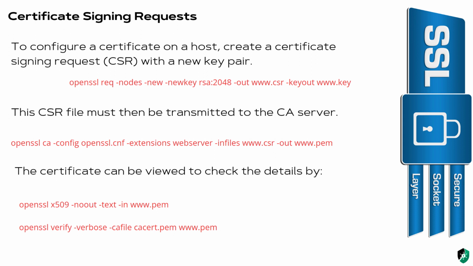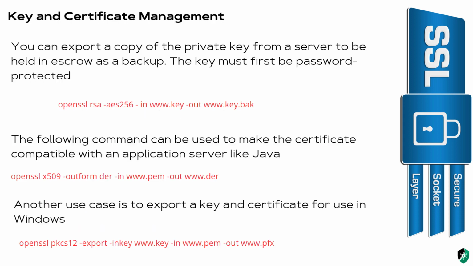Now, once this is done, the file must then be transmitted to the certificate authority server. And right there, you can see -extensions web server. So that should tell you that, okay, this key right now is being transmitted over to the web server. And then we can check the certificate either by the OpenSSL x509 -noout -text or OpenSSL verify -verbose -CAfile, and then the actual extensions right there.